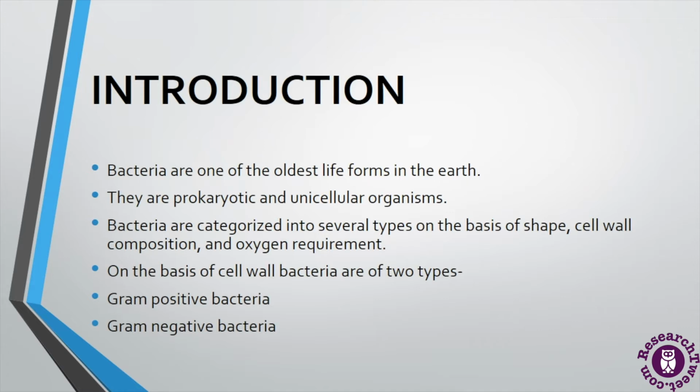So the bacteria are one of the oldest life forms on the earth, which means that bacteria are considered as one of the oldest living organisms on this earth. They are prokaryotic and unicellular organisms. They are single-celled organisms which are microscopic and can be seen only with the help of an electron microscope.